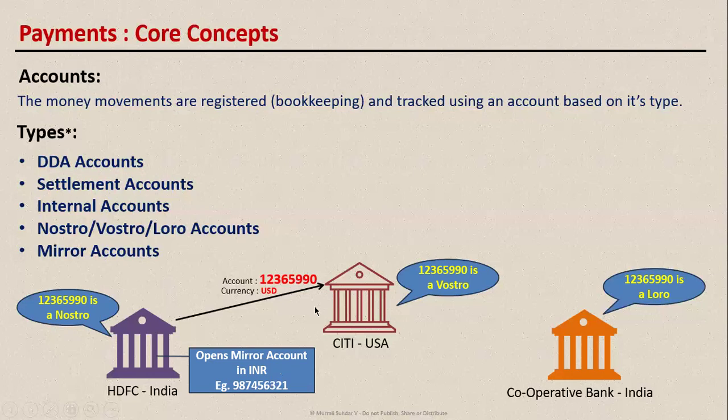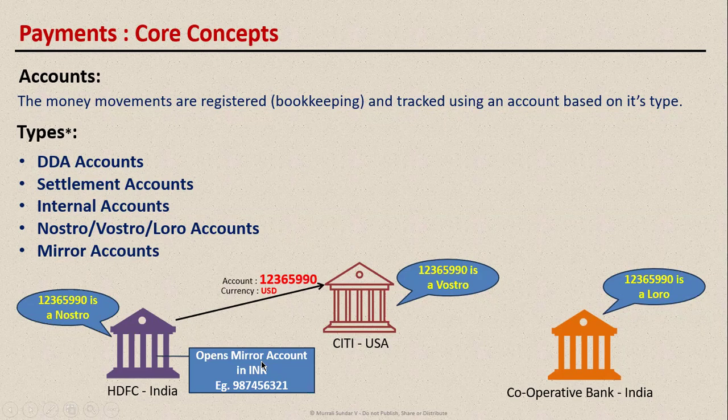So what happens here is that a debit happened. Now what happens here is that it will exactly mimic the total balance here. Let's say for an easier example, in Citi we had $1,000. Let's say $1 is 80 rupees. So this mirror account will have 8,000 rupees. Sorry, 80,000 rupees, right? So exactly it will have 80,000 rupees.